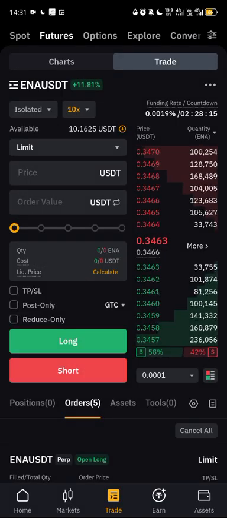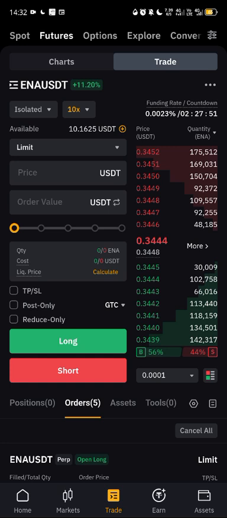So you must have your limit price, that is your entry price; your stop loss, that is the price at which you get stepped out when the market is not going in your favor; and your take profit, which is the price at which you get stepped out after the market has gotten to your profit point and given you more profit. Then the market will automatically step you out of the market. You understand what I'm saying?